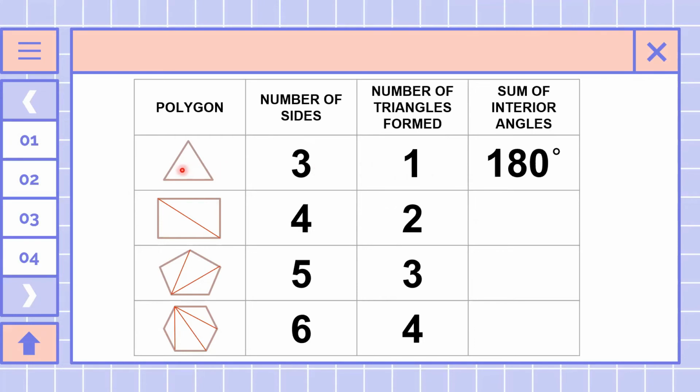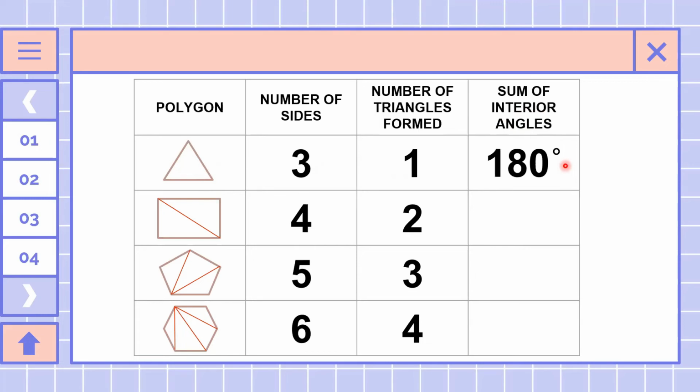Write it down on your paper. Again, a triangle's sum of interior angles is 180 degrees.